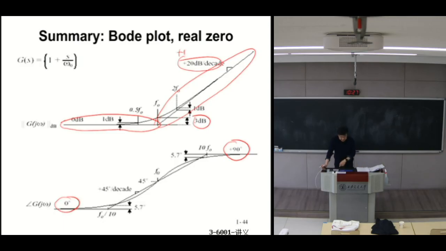In between, we can use another straight line, the third straight line, to connect the points at 1/10 of f0 and 10 times f0, and the maximum error is only 5.7 degrees. Okay, that's single pole, single zero.